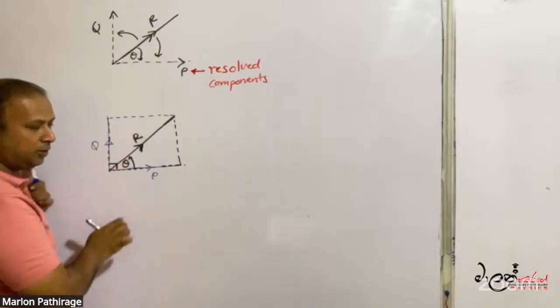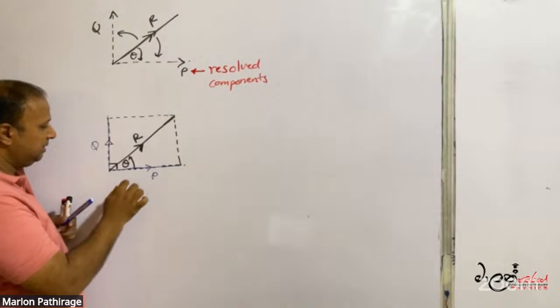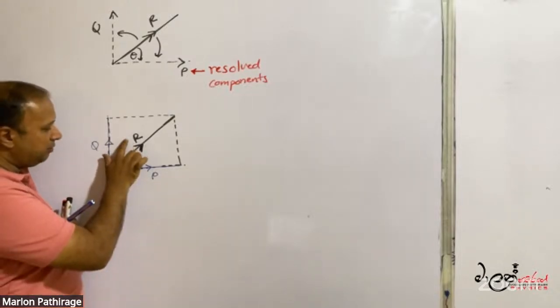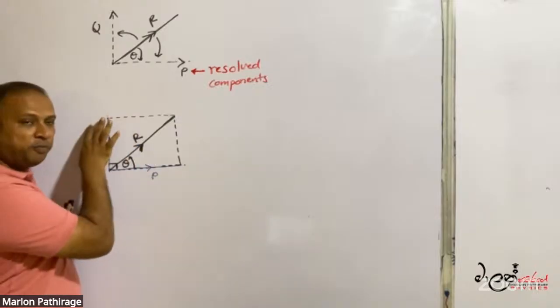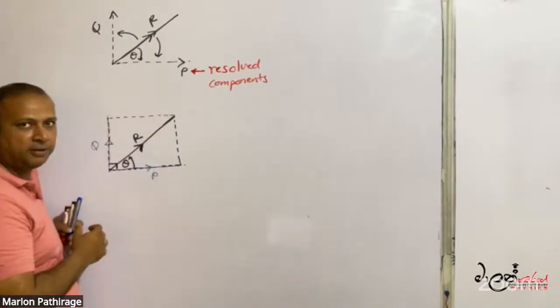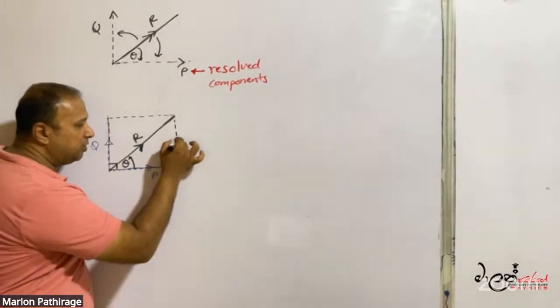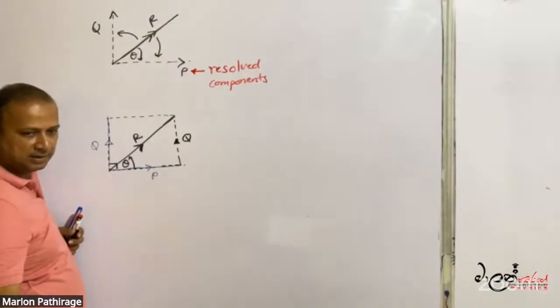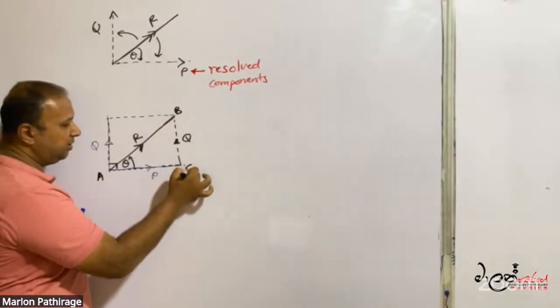According to the vector parallelogram law, the resultant of P and Q should be equal to R. R means the resultant vector of P and Q according to this parallelogram. As this vector is Q, this vector is also Q, both ways. Consider this triangle ABC.